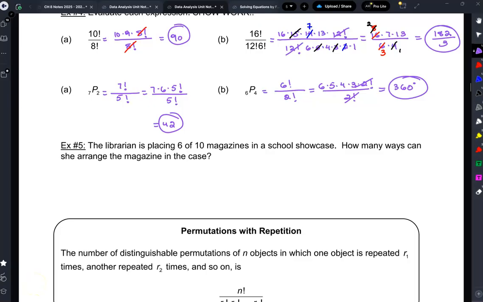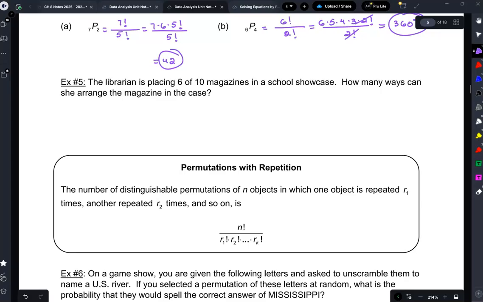So the librarian is placing 6 out of 10 magazines in a school showcase. How many ways can she arrange the magazines in the case, right? So again, it makes a difference if you have, I don't know, Car and Driver, then National Geographic, then Time magazine versus in a different order.